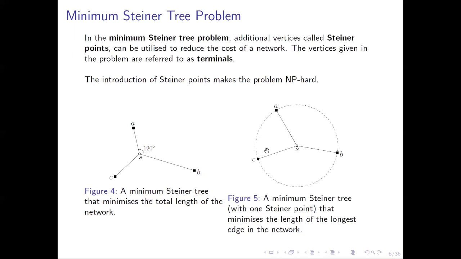On the right, instead, you're minimizing the length of the longest edge. You can see that the geometry is quite different depending on the type of cost function you're looking at. Here you have these nice 120-degree angles. And here instead, S, which is a Steiner point, will be at the center of the circle going through the 3 points.